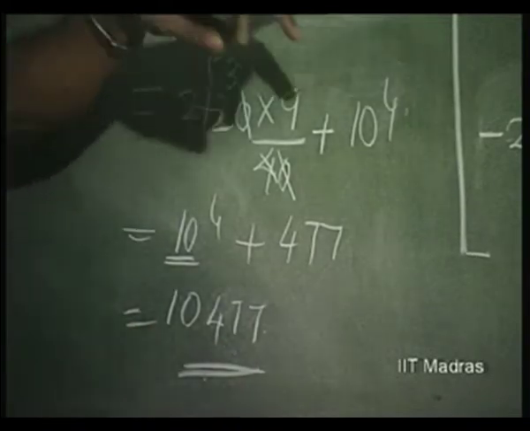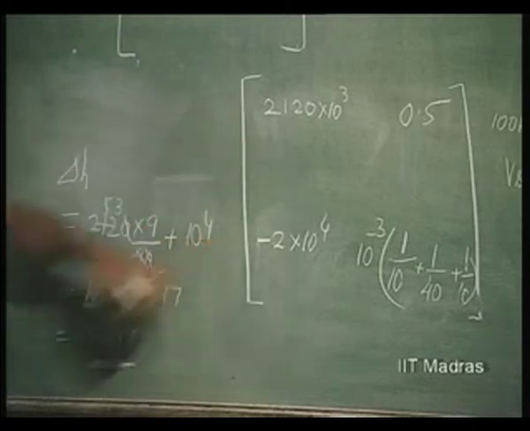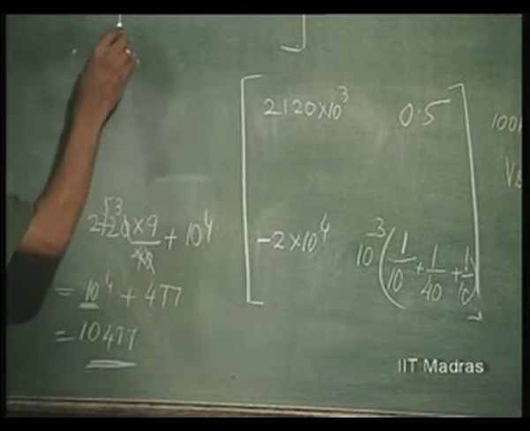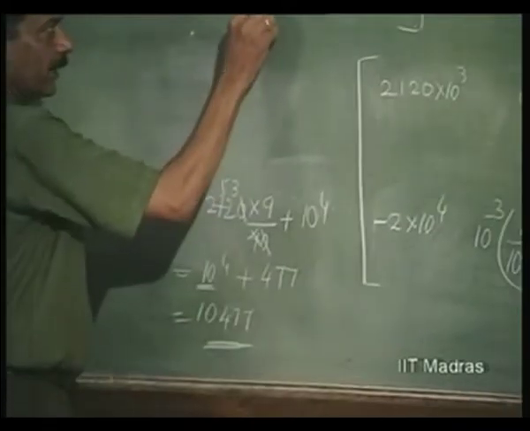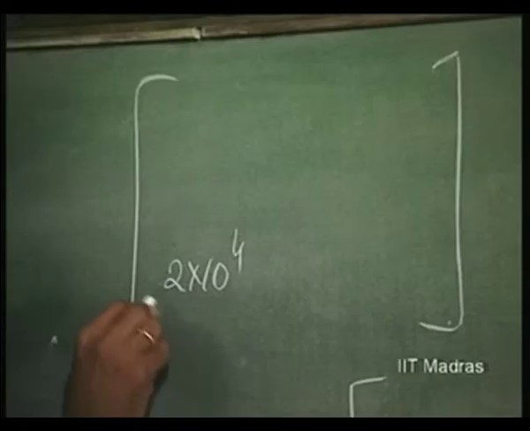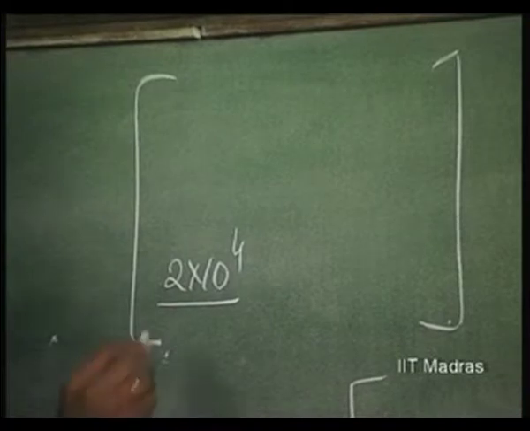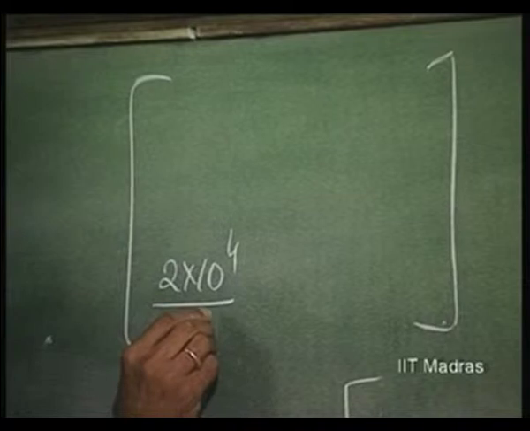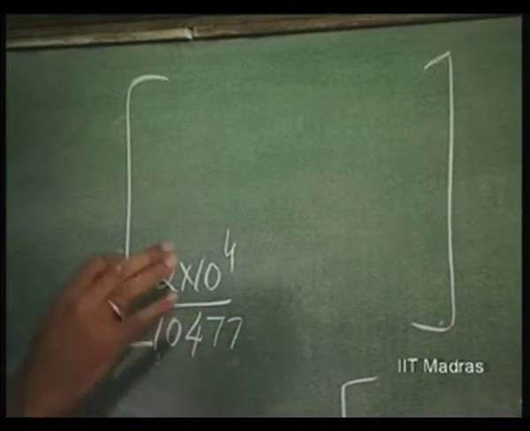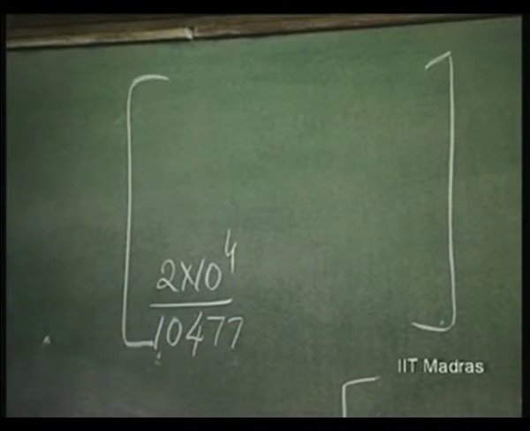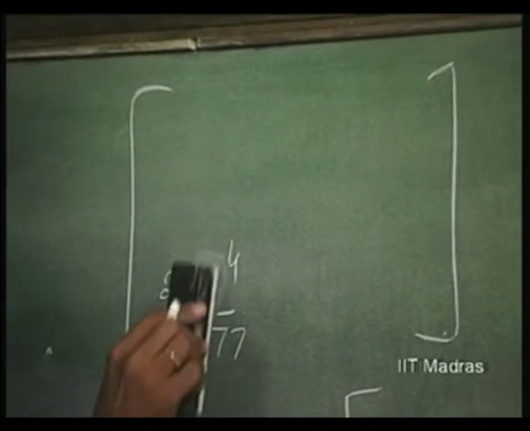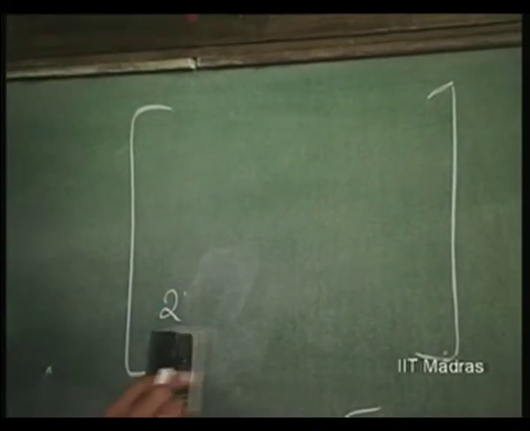We therefore now establish the G parameter simply by G f is 2 into 10 to the power 4 by this 10,477, which is very nearly equal to 2. So, this is very nearly equal to 2, slightly less than 2.